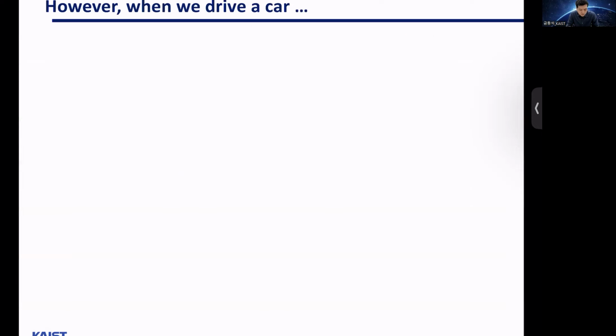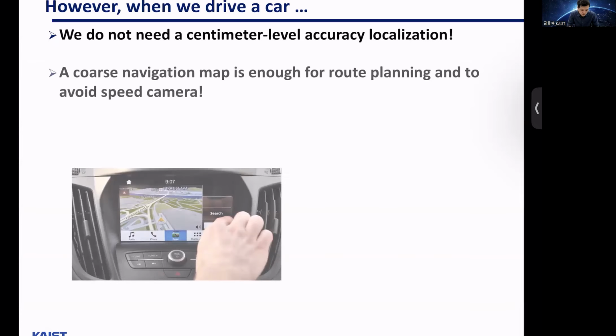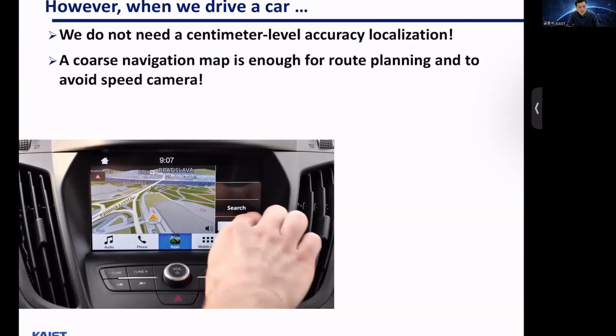But like I said, when we drive a car, human drivers do not need centimeter level accuracy localization. So the first question people might ask, or you should ask yourself, is: do we really have to have this high definition map, centimeter level accuracy localization and map?